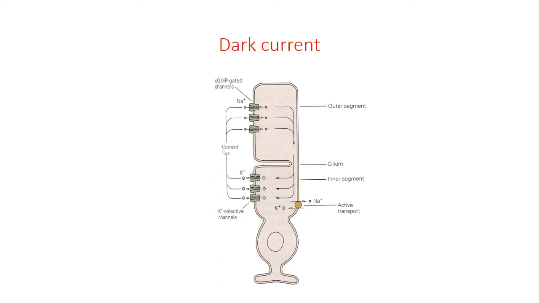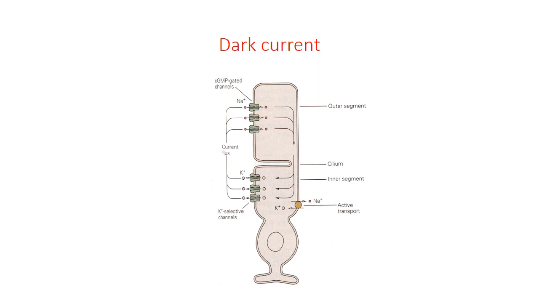This current via cyclic GMP gated channels, so the sodium influx via cyclic GMP gated channels in the dark, is matched by an equal current that leaves the cell via potassium channels, and this loop of current that you see in rods and also in cones is called the dark current.